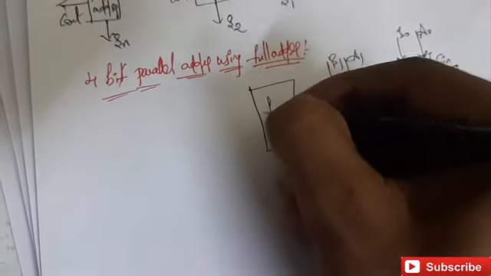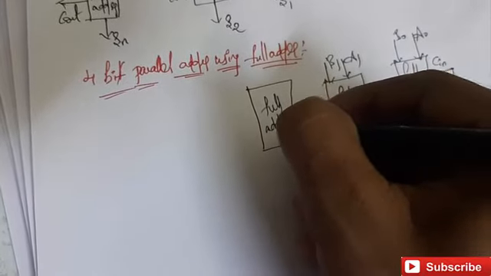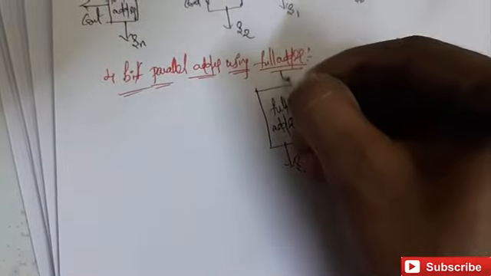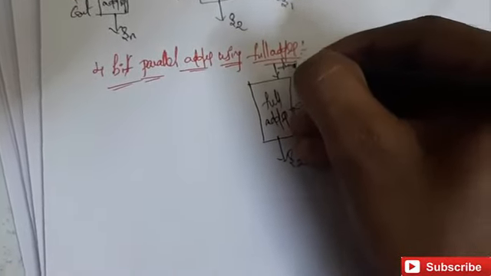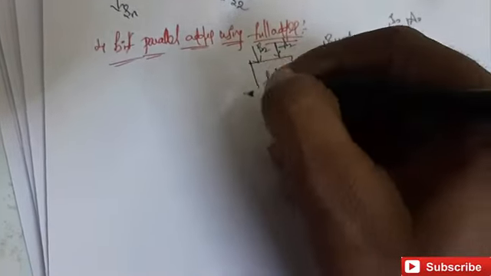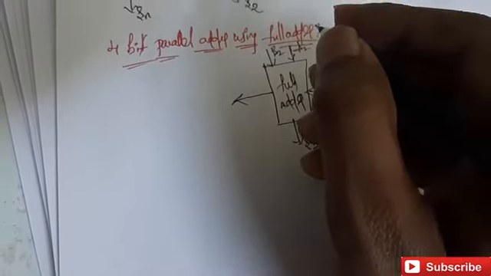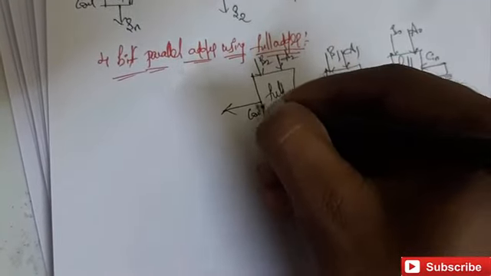This will become the full adder with S2, A2 and B2. This will be the C output and this will be the C input.